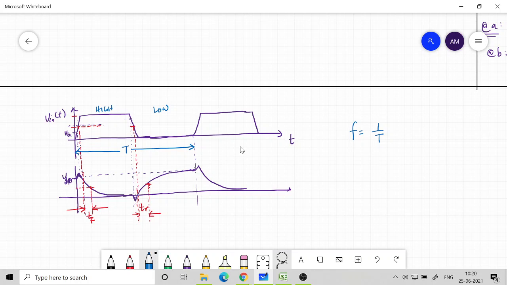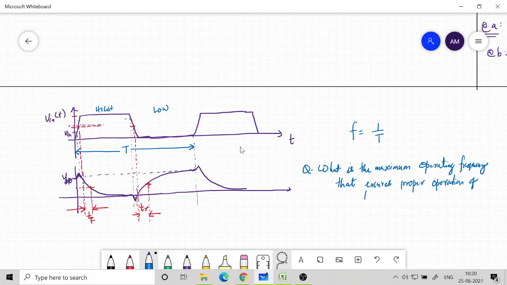So the question is, what is the maximum operating frequency that ensures proper operation of the circuit?